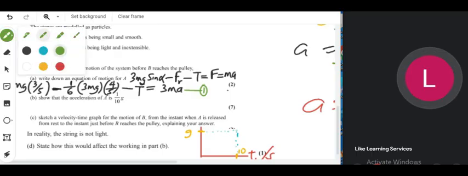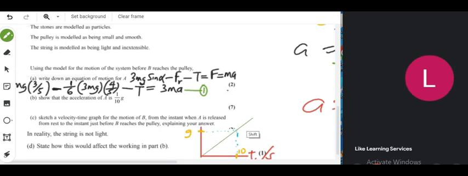The line will not run like this. This is a graph of velocity against time, v in meters per second against time in seconds.